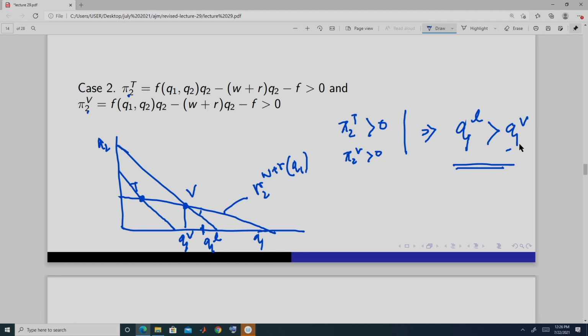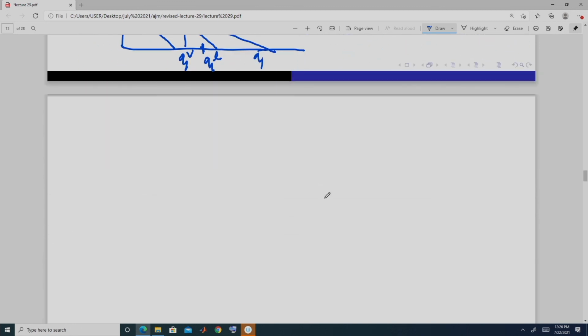And we know that if suppose the capacity is here, so we will do that thing. So, we will have two situations now. 2A. Suppose the case is this, Q1S is greater than Q1V.